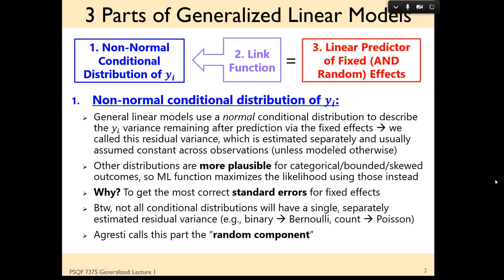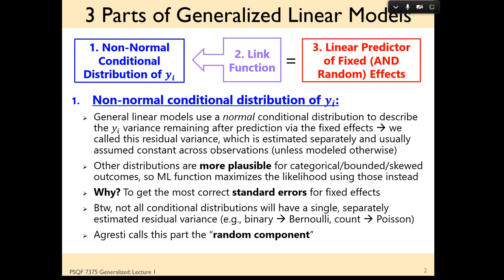We talked about this last time, but here's some more details. How these models differ from the general linear models that you already know. What has to change in order to be able to predict a non-normal outcome? That's the idea. Focusing on number 1 here, the conditional distribution of our outcome is going to be something that's not normal.